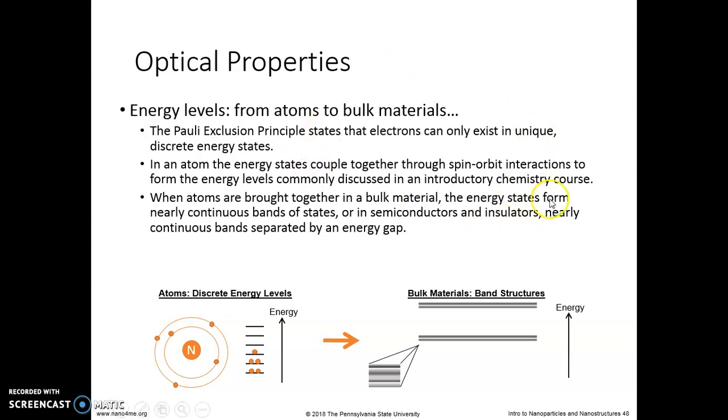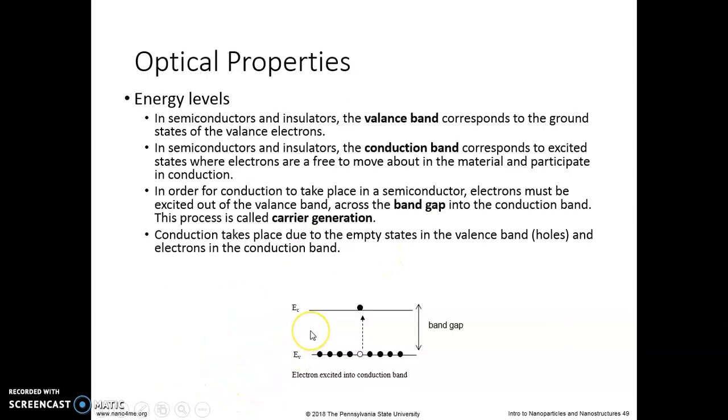When atoms are brought together in a bulk material, the energy states form nearly continuous bands of states. In semiconductors and insulators, the nearly continuous bands are separated by the energy gap. Here they have given the energy gap.